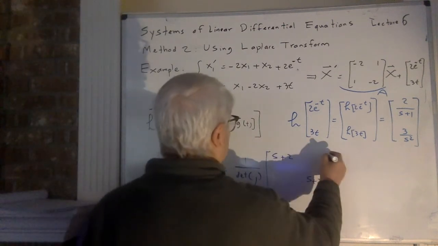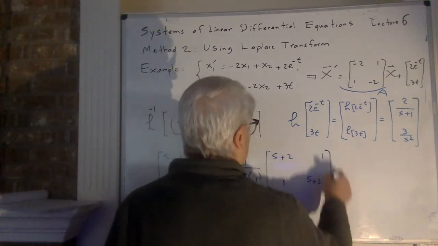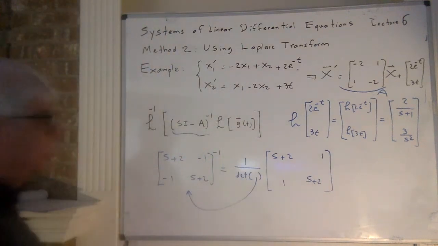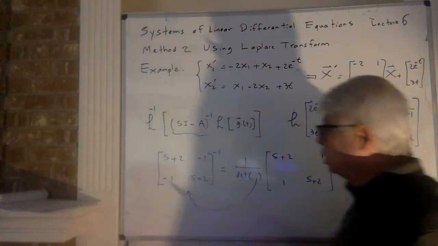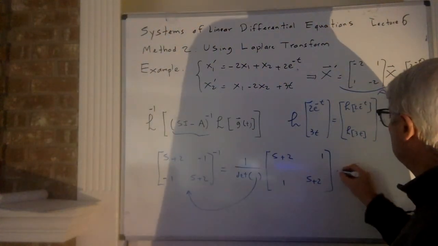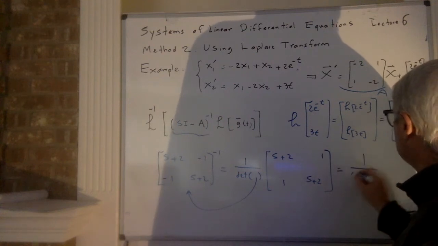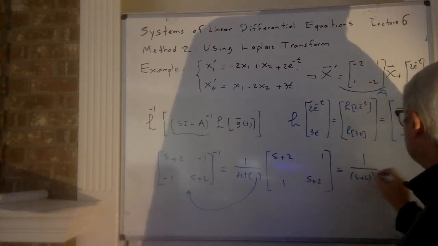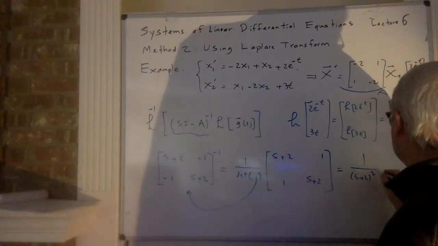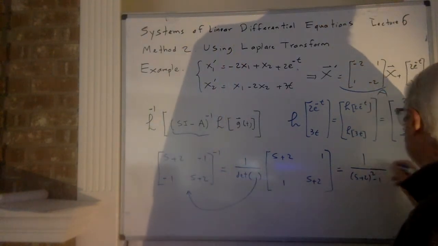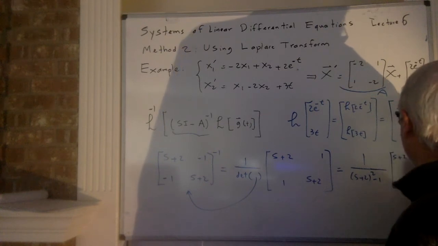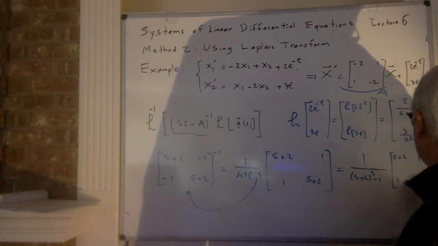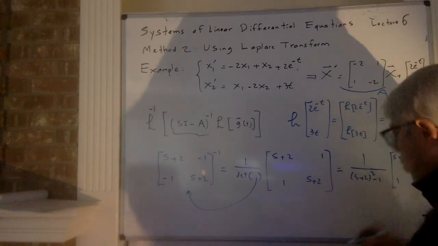So I have 1 and 1. Using that formula for the inverse of a 2 by 2 matrix, we have this. The determinant is (s plus 2) squared minus 1. So 1 over (s plus 2) squared minus 1 times the matrix s plus 2, 1, 1, s plus 2.